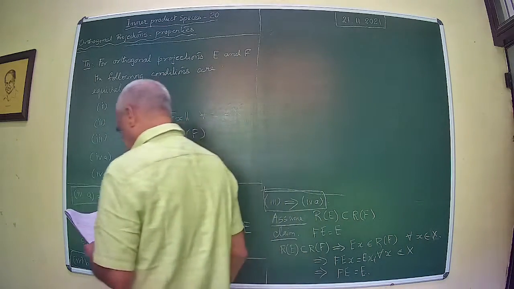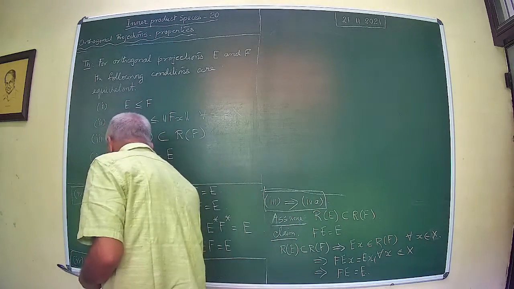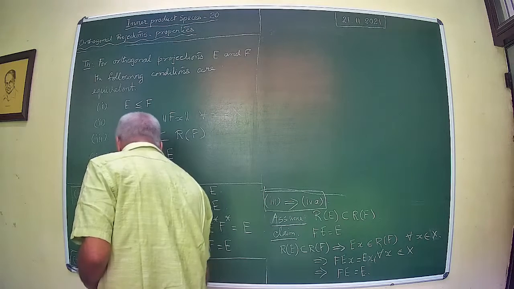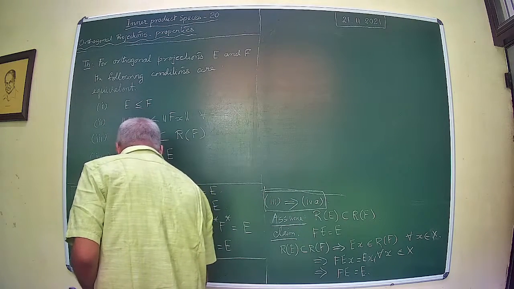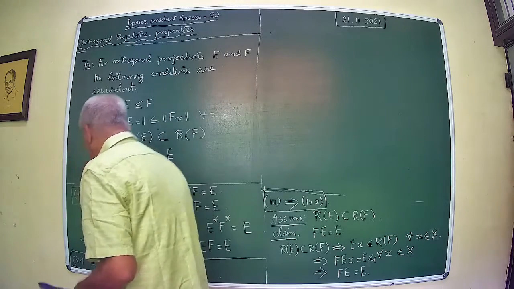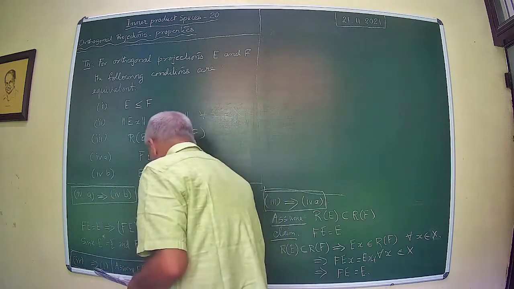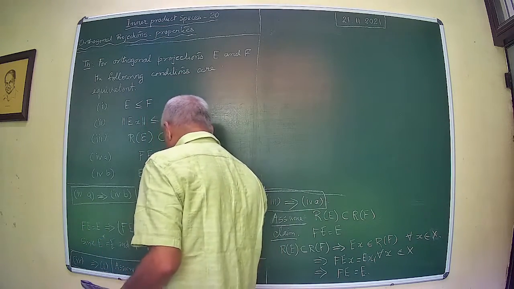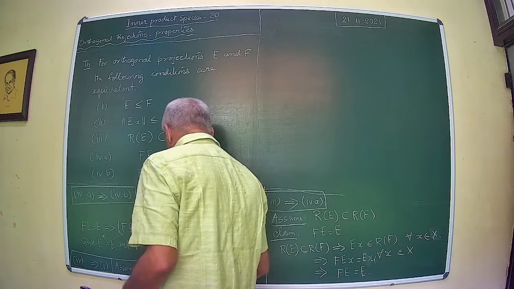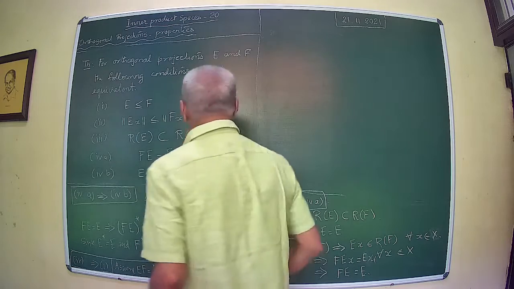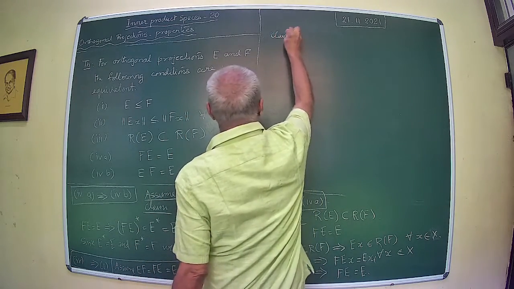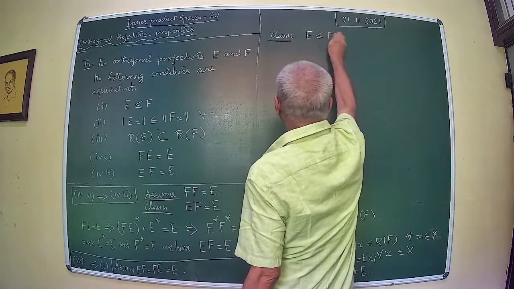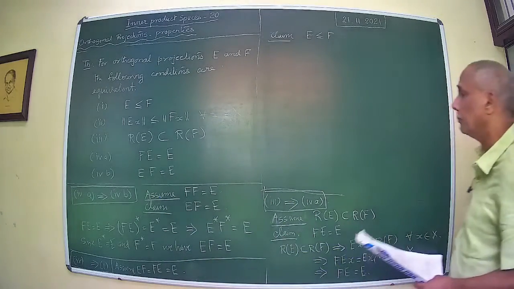Assume EF equal to E. Then, so what is the claim? So that cycle will be complete.